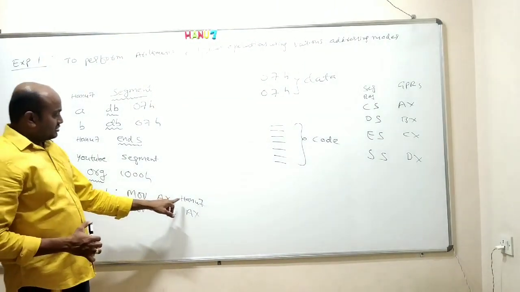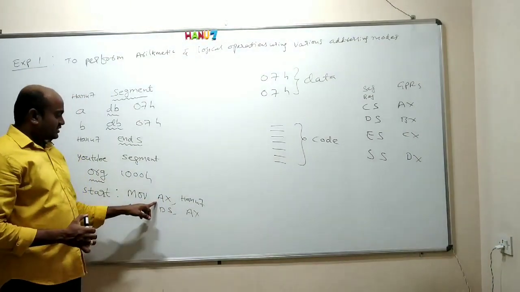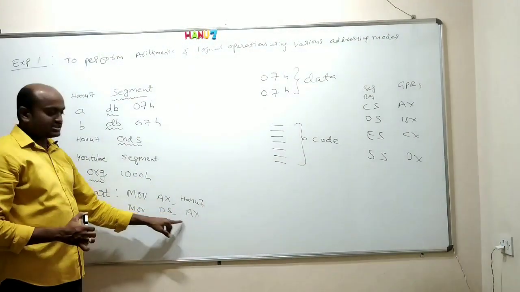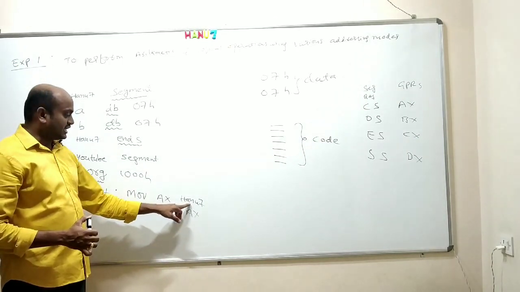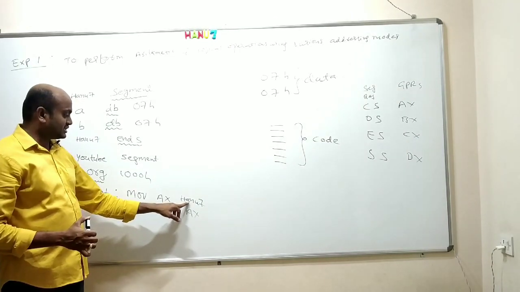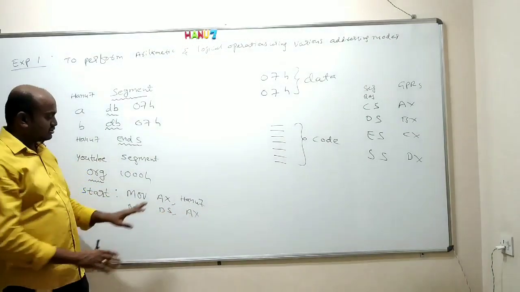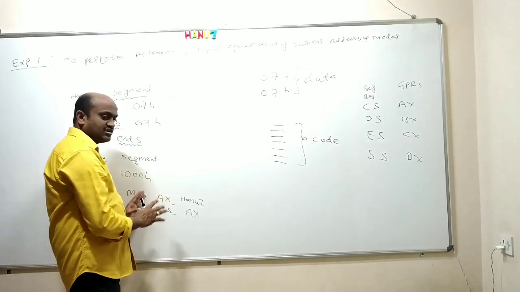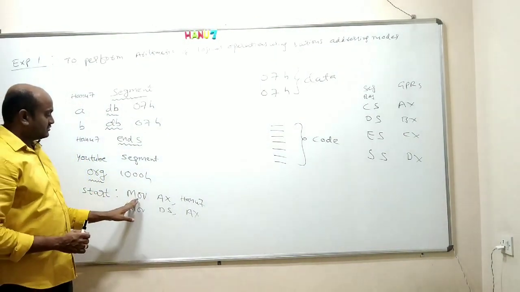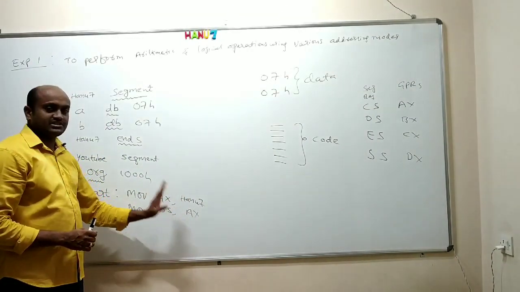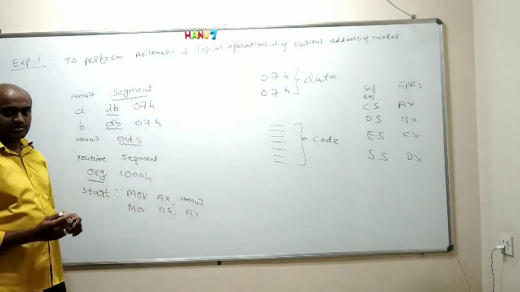So I temporarily copied that address of HANU7 into AX and then from that I copied into DS. This is an allowed step. So I did it indirectly. Instead of directly sending the address of HANU7 to DS, I copied from AX to DS. So simply remember that these are the two common statements which you have to write: MOV AX, data segment name, and MOV DS, AX. These are the common steps for all programs.